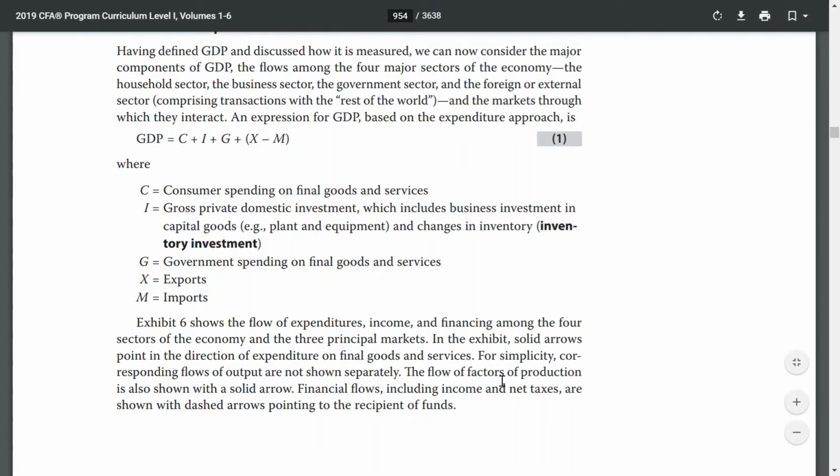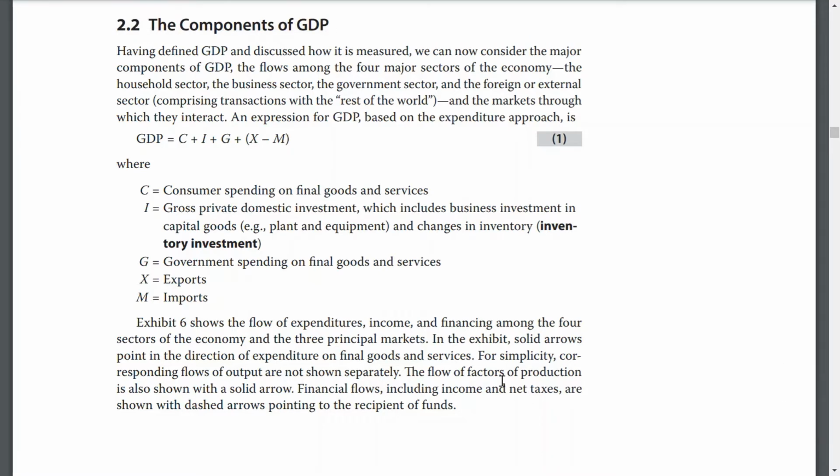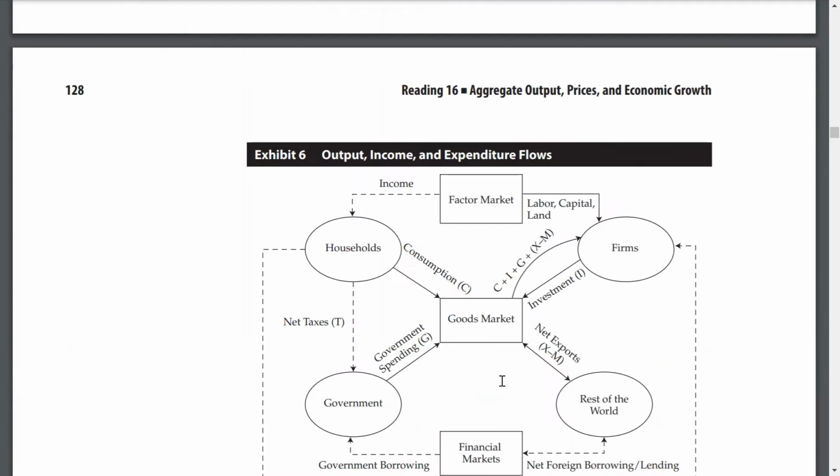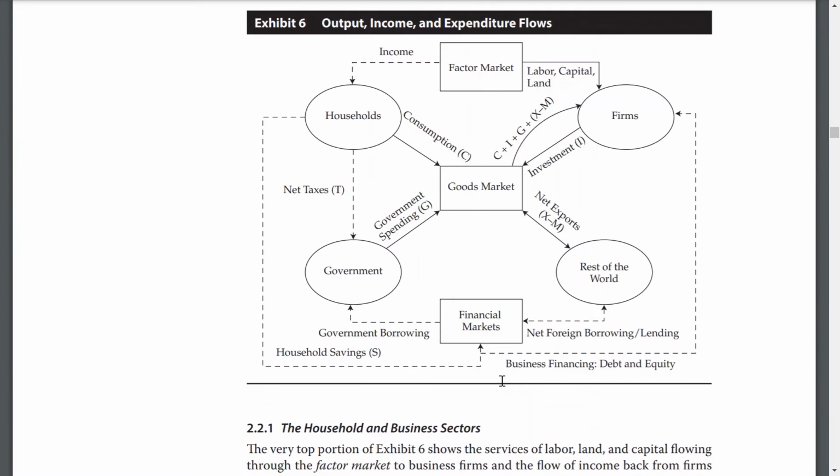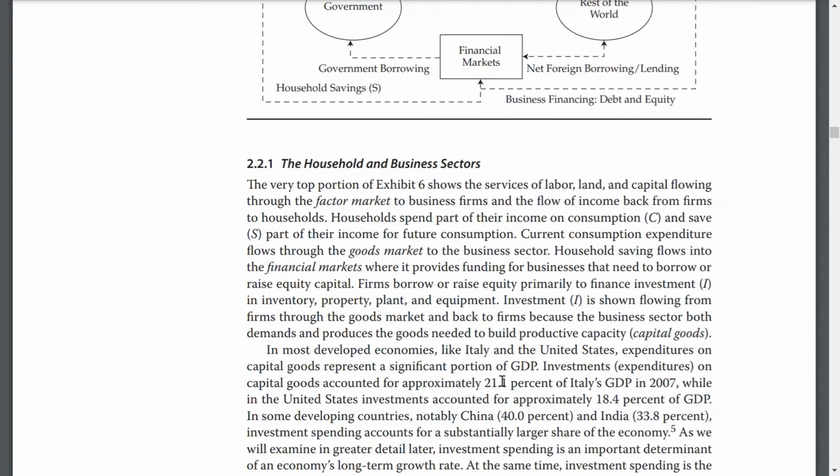The flow of factors of production is also shown with a solid arrow. Financial flows, including income and net taxes, are shown with dashed arrows pointing to the recipients of the funds. Here is a more comprehensive expenditure flow of the circular flow model. Pause the video if you need to see.